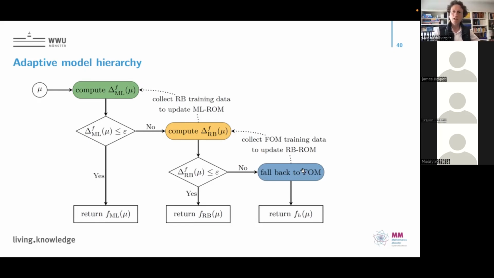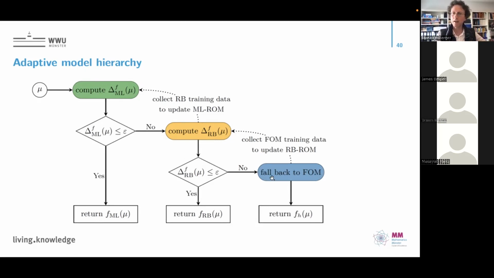And whenever you touch a model that is more accurate in this hierarchy, then you need to compute the solutions here. And this means this generates training data for the next faster level. So if you compute reduced order model solutions, then you collect training data, and this is used to improve the machine learning model for the next evaluations.